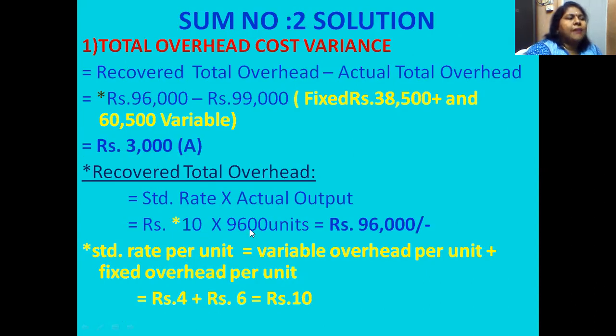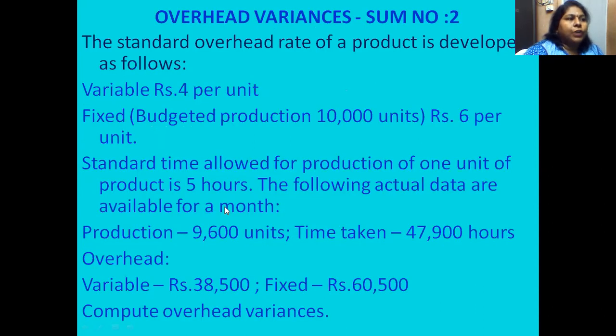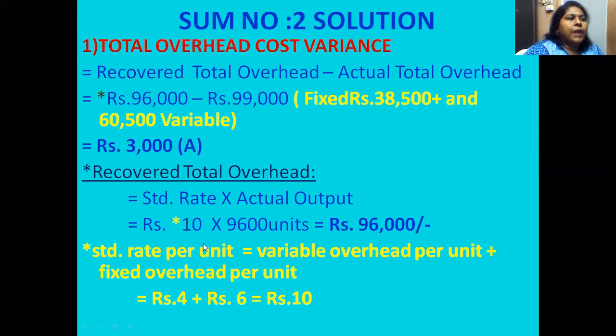10 into what is the actual output? Already I mentioned many times in the previous videos, the recovery is always calculated on the actual output. The actual output was how much? 9,600 units. So 10 into 9,600 units. What is your recovered total overheads as per this problem? 96,000.